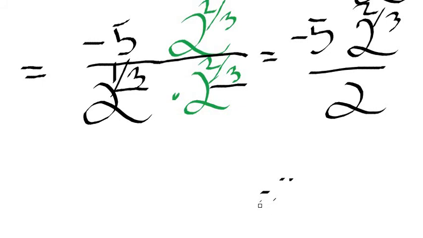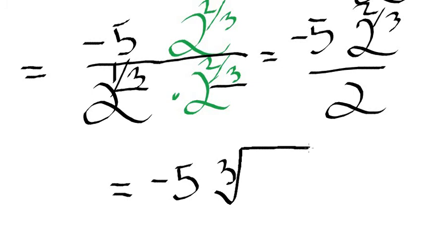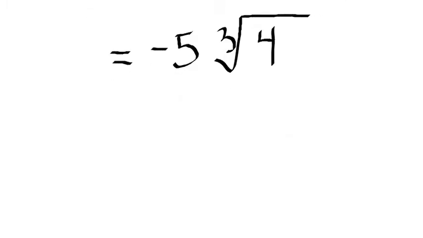Tell you what, let's move this over a little bit. We have negative 5 times the cube root of 2 squared, which is 4, over 2.